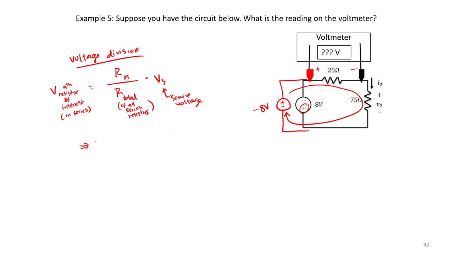So let's go ahead and plug in. We can determine that the voltage across the 25 ohm resistor must be 25 ohms divided by the total, which is 25 ohms plus 75 ohms, times Vs. Vs here is negative 8 volts.